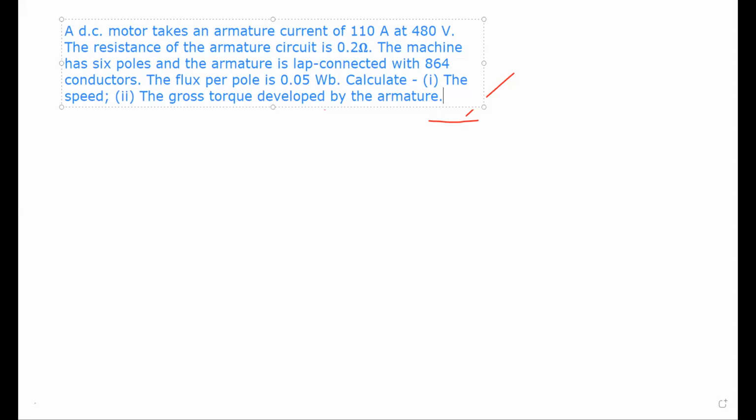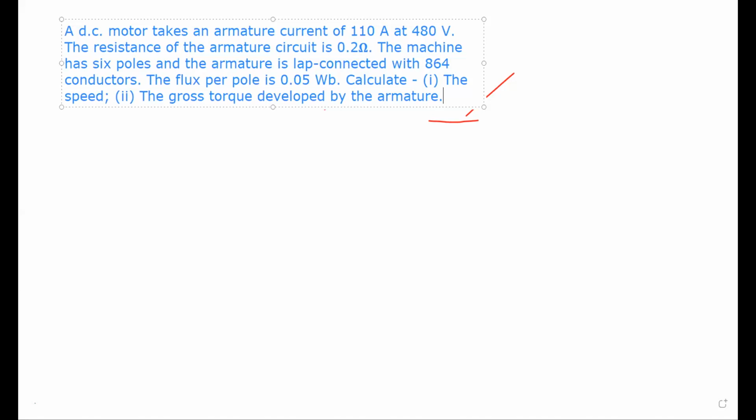Very good. So now what all things do you know here? Can you calculate N? And when they say lap connected, the value of A will be equal to the number of poles. The number of poles is given in the question, that is P equal to 6.